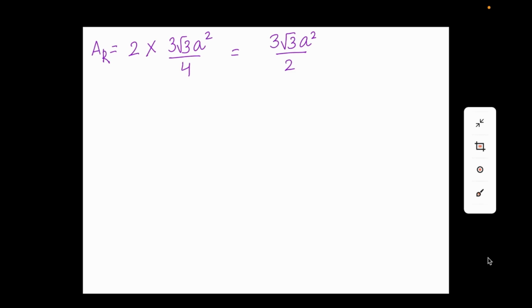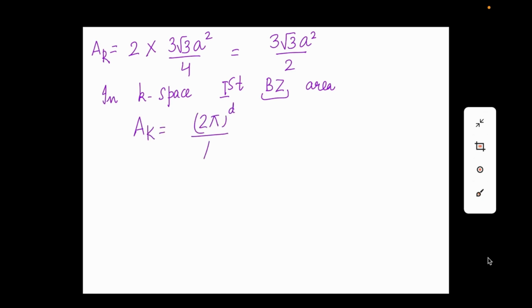Now, in k-space, the first Brillouin zone area, I'm using the short form BZ for the Brillouin zone area, is given by (2 pi) to the power d divided by the area in real space, where d is 2 because it's two-dimensional.